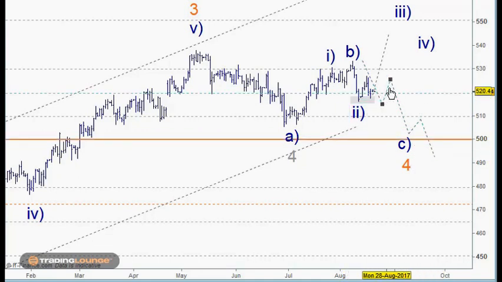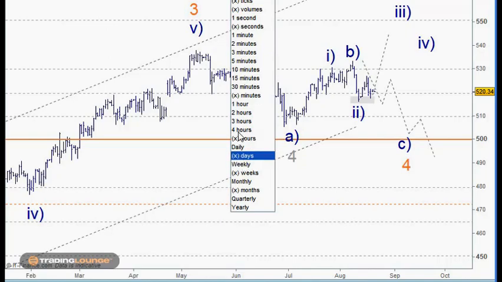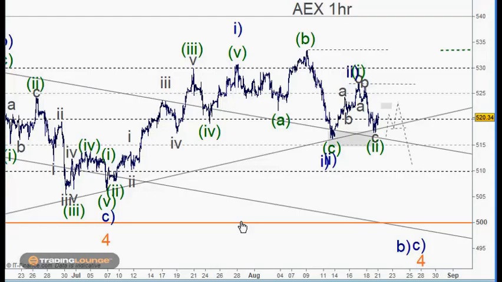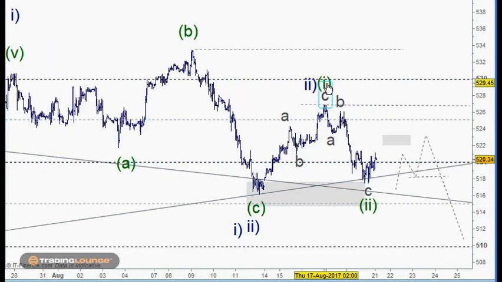But I think that we need to observe this dance in here a little bit further to get the right outcome. I'm not sure what degree of frame we'll look at, but we'll go to the 1 hour here. So like the AEX, we can look at this as wave 1 up and wave 2 back, and then wave 1 up, ABC for wave 2 back, and then climbing up here in a bullish way.